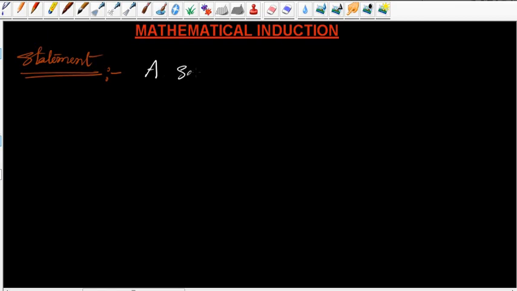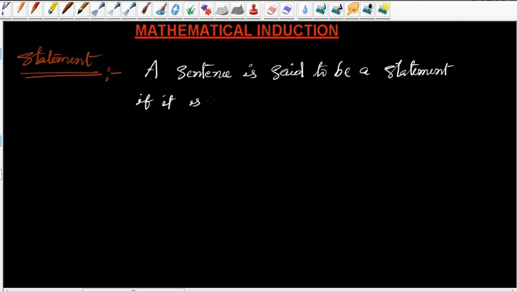A sentence is said to be a statement if it is either true or false, but not both. This is important: but not both.